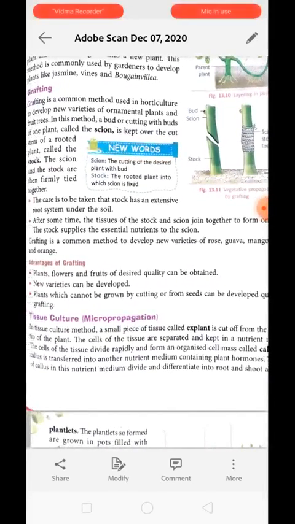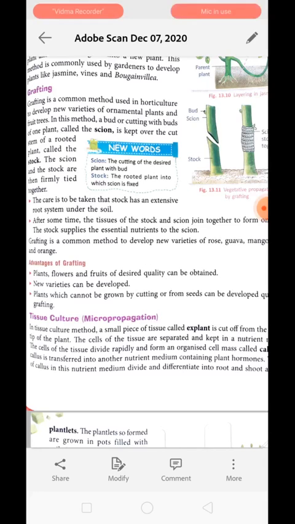Plants, flowers and fruits of desired quality can be obtained. Means if we like a certain species of guava, which is very sweet to taste and whose fruit size is also big, what can we do? We can graft.